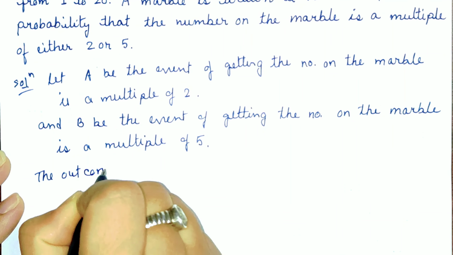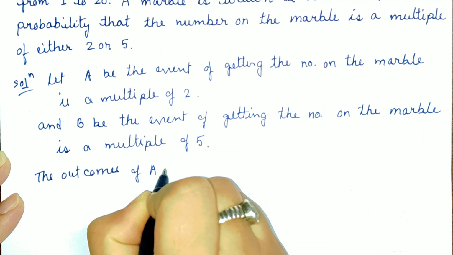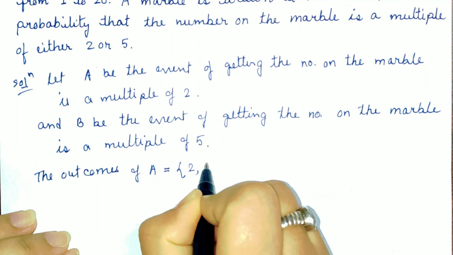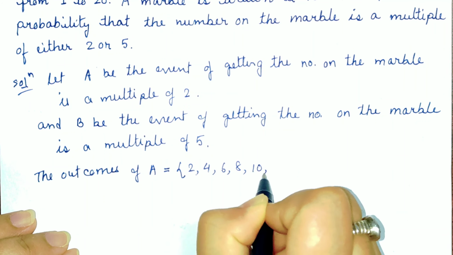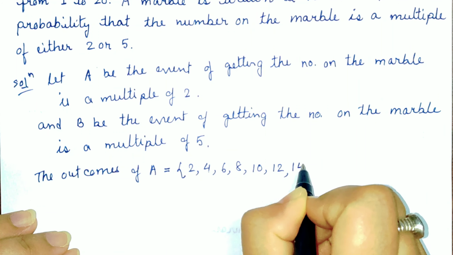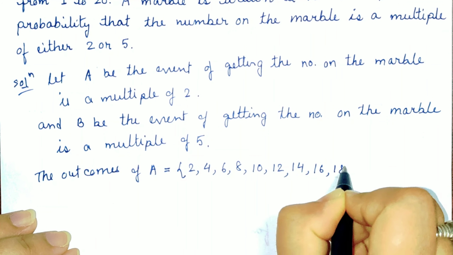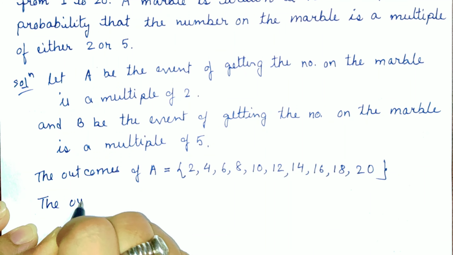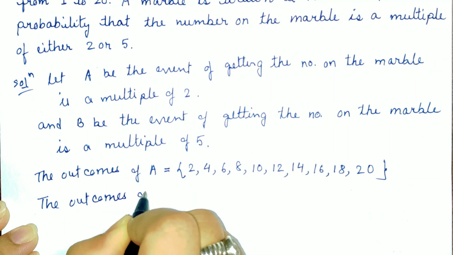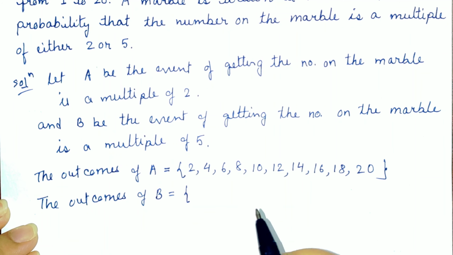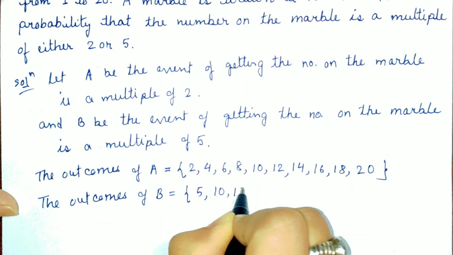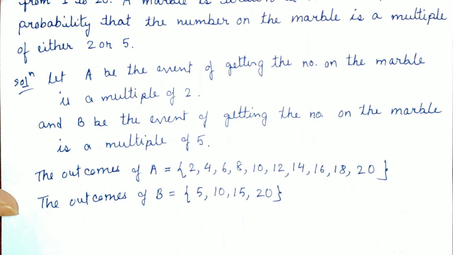The outcomes of A. For outcomes of A, the multiples of 2 will give you 2, 4, 6, 8, 10, 12, 14, 16, 18, 20. The outcomes of B. B is an event of getting a multiple of 5: 5, 10, 15, 20.